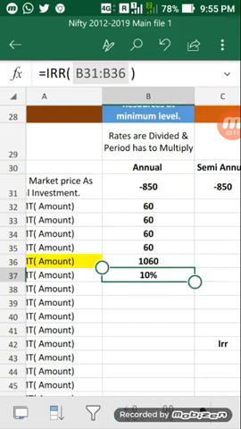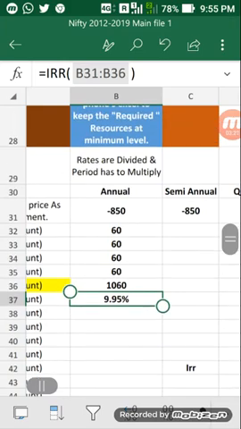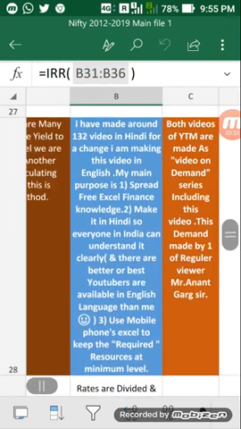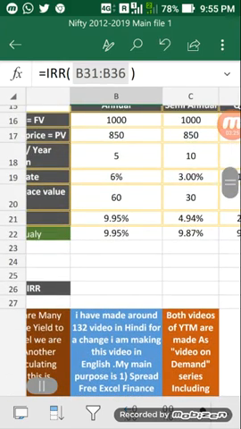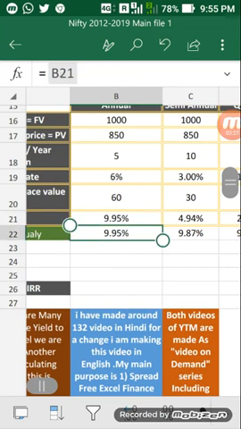And here is your rate by the IRR function. This is your yield to maturity. You can cross-check that we have achieved the same rate as by the RATE function.